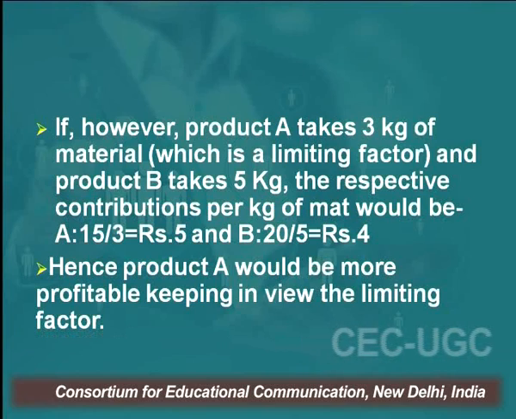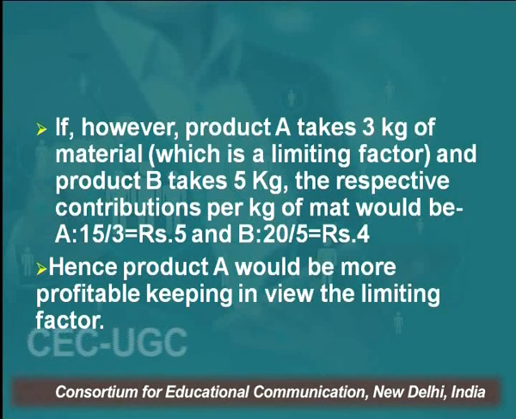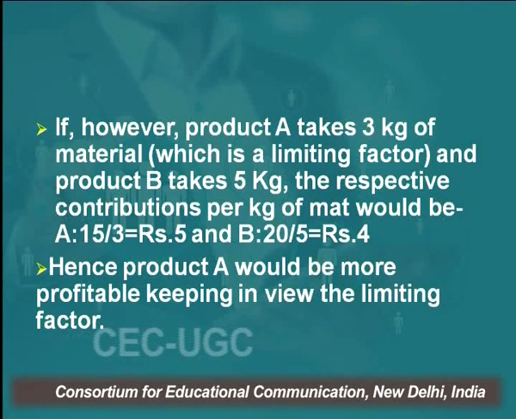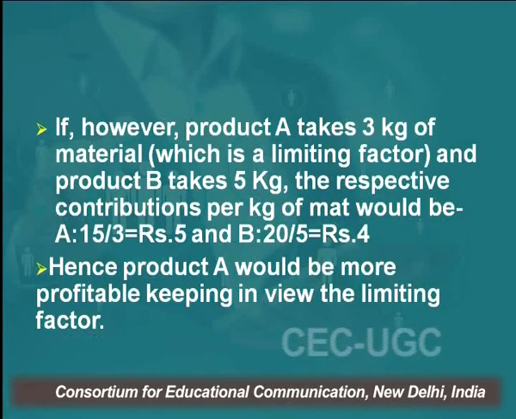In this example, what you have noticed is product A is giving you 15 rupees contribution, product B is giving you 20 rupees contribution. But if the material supply is limited, you will see which product is giving you more contribution per kg of the material. Since product A requires 3 kg, the contribution is rupees 5 per kg, and product B requires 5 kg of material, so 20 divided by 5, it comes to 4 rupees.